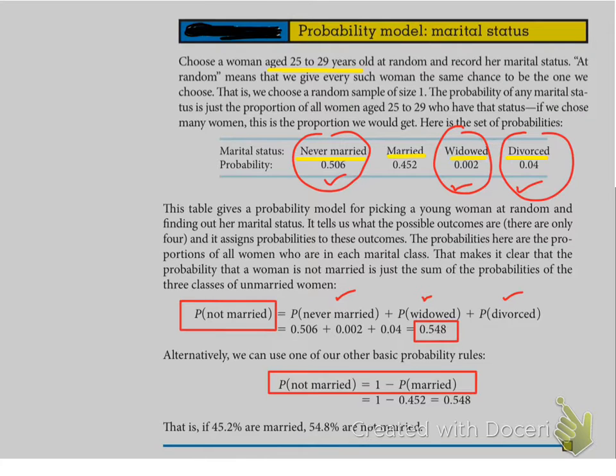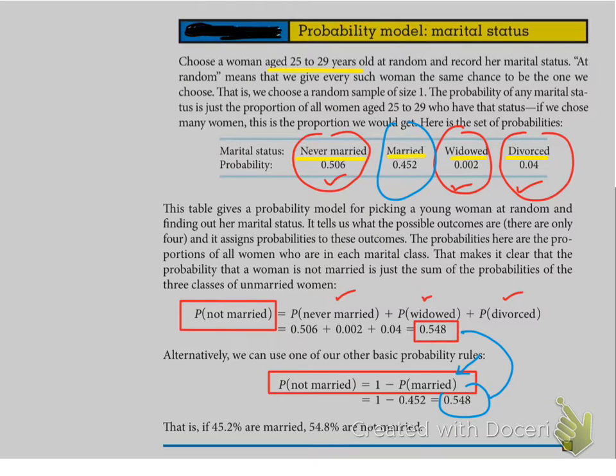So here we know this is already given, 0.452, and that will come here. The probability of not married is 1 minus the probability of married, you subtract it, and finally you get 0.548, and that is actually true.